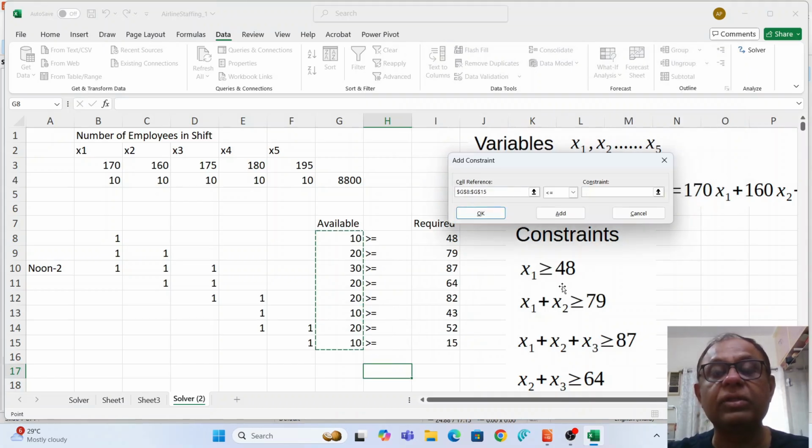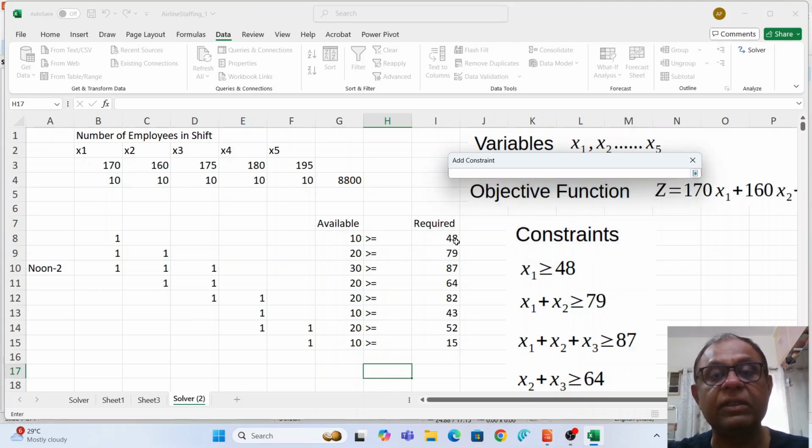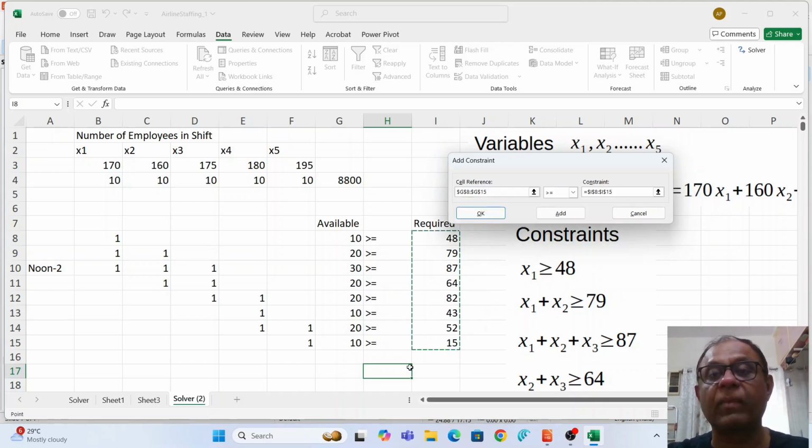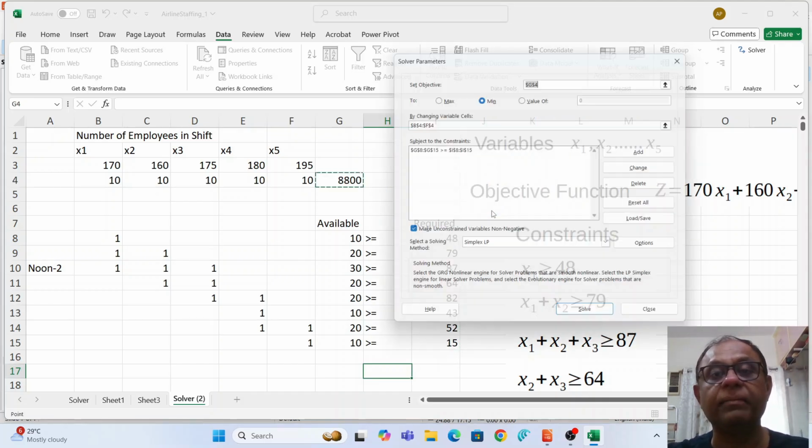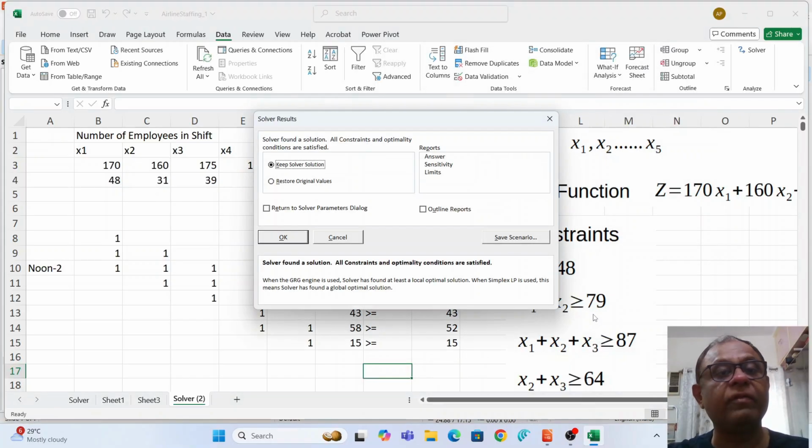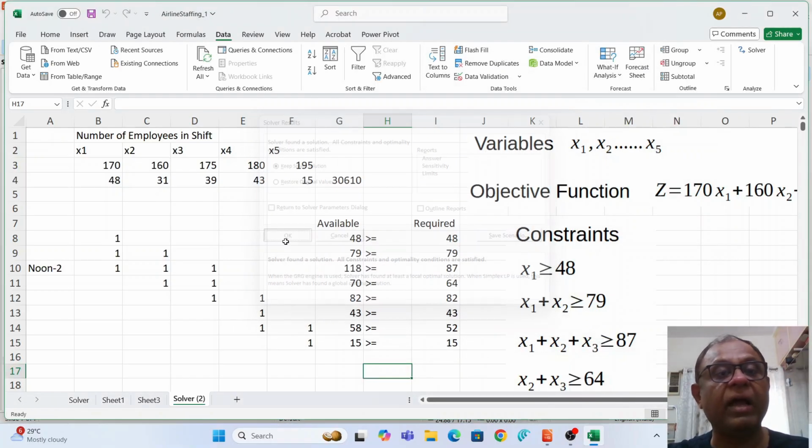Select all the current values for the constraints, and all the constraints have to be greater than or equal to, and then afterwards we select the maximum or the minimum value of the constraints. Click OK, click Solve, and there we have our answer.